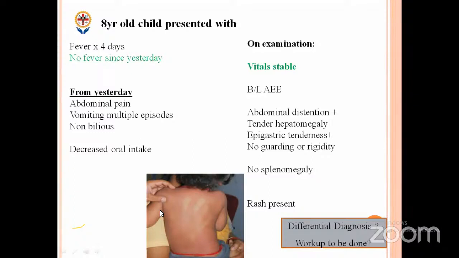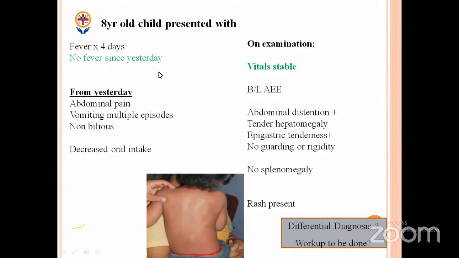Okay, dengue is accepted. Any other DDs you want to keep here? It could be any viral illness. It's not dengue alone. It could be any viral hemorrhagic fever, any viral illness.